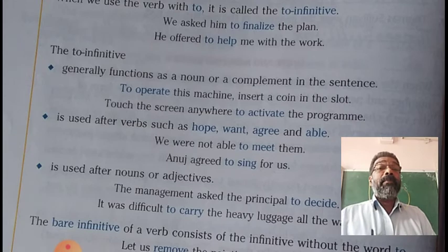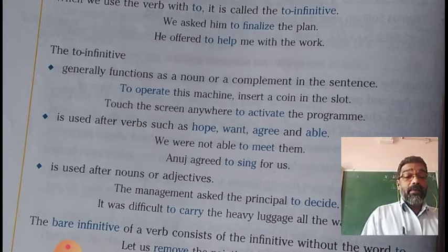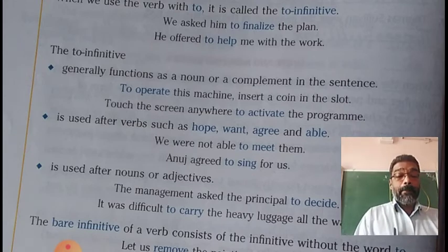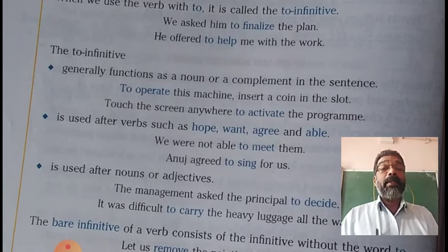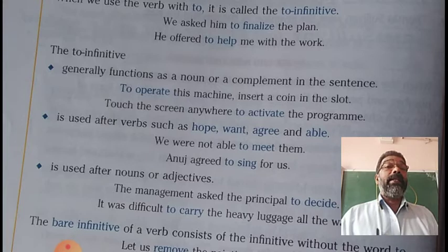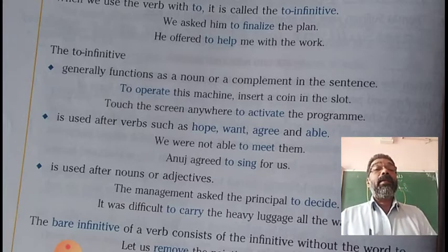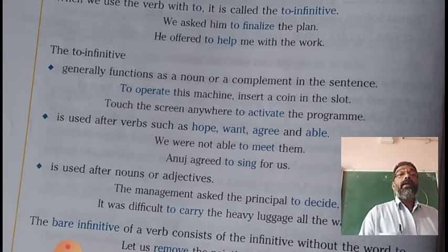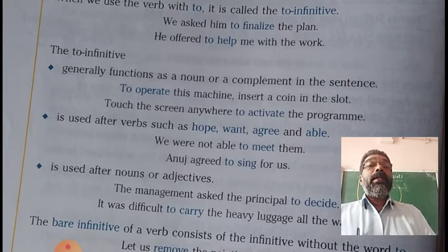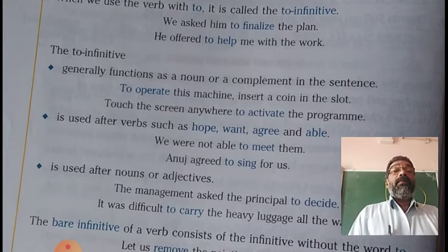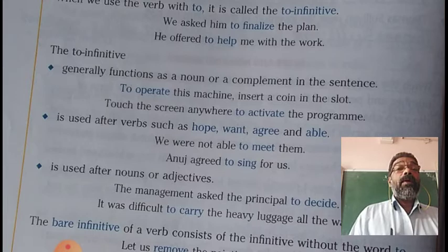So to sum up, an infinitive functions as a complement or as a noun in a sentence. Now another function of the infinitive is that it is used after verbs such as hope, want, agree and able.